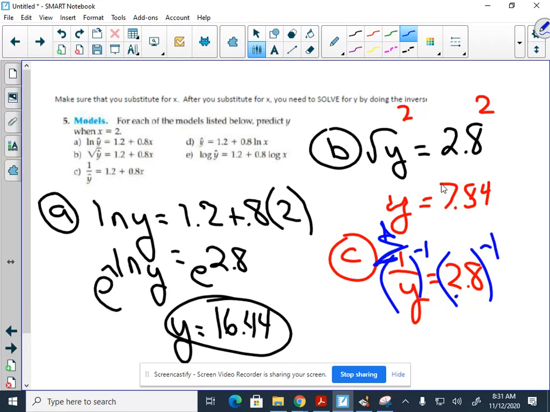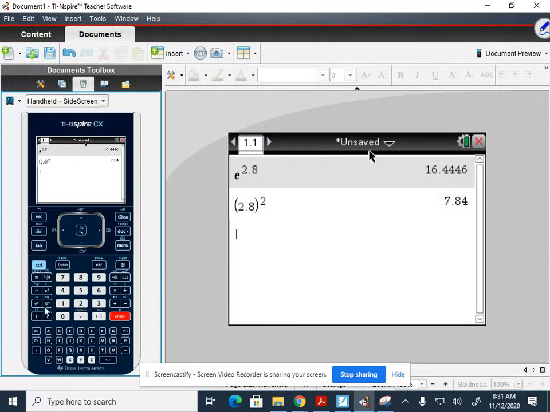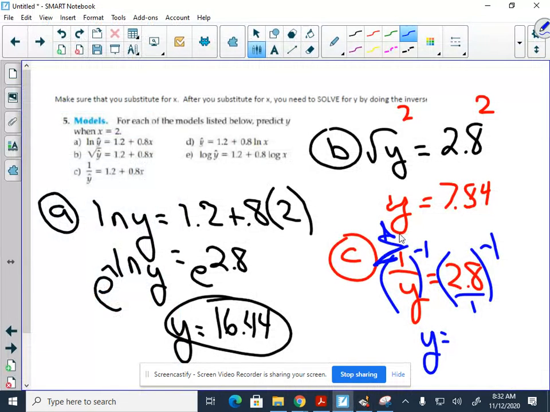That's the same thing. It ends up being 1 over 2.8. So again, however you want to look at it, it'll be the same thing, 1 over 2.8 or 2.8 raised to the -1 power. Same thing, 0.357.